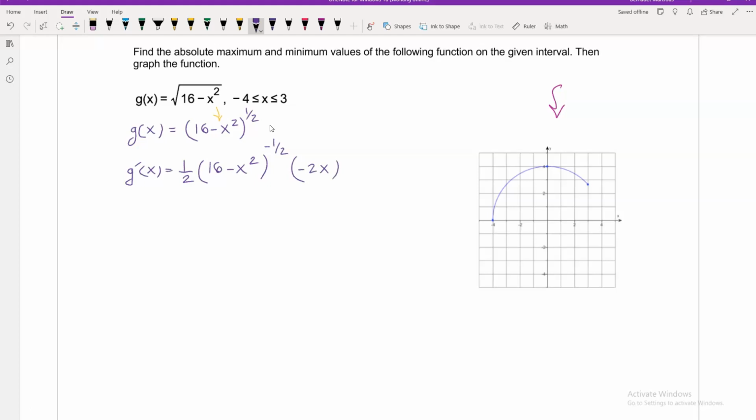Now we can simplify, 2 divided by 2. g prime of x is equal to -x times 16 minus x squared to the power -1/2. So g prime is equal to -x divided by the square root of 16 minus x squared. So this is what we have for g prime.